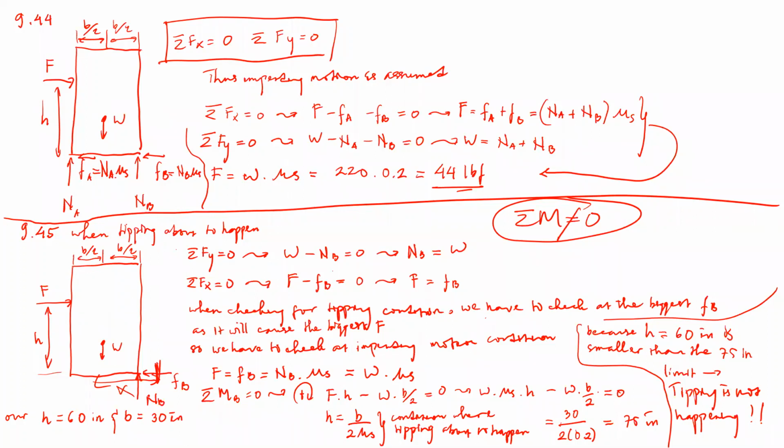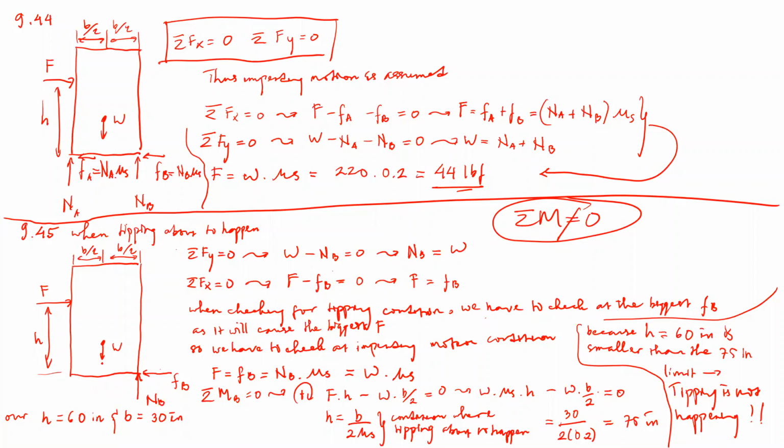It means that it will tip over. But if the X value is smaller than that, for example, like this, then it means that the force at A is supposed to be happening, which is still possible, right? Yep. So it will not tip over.